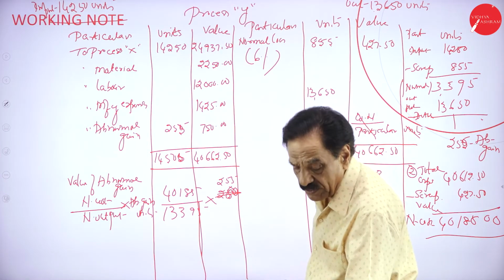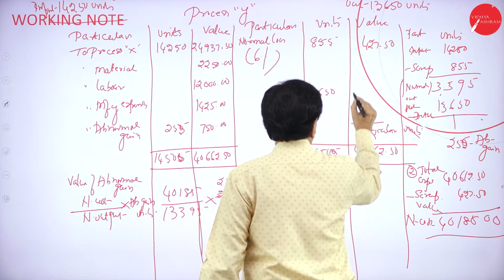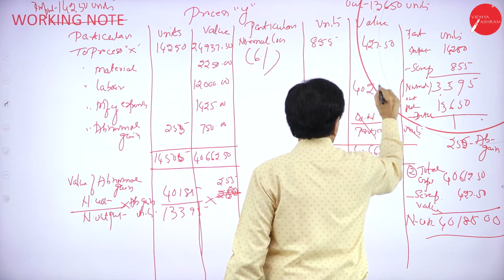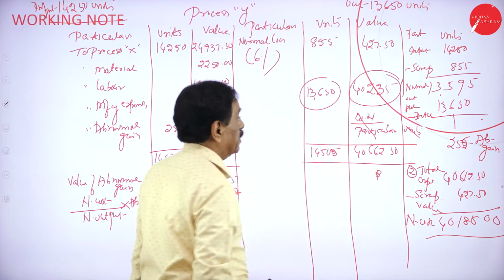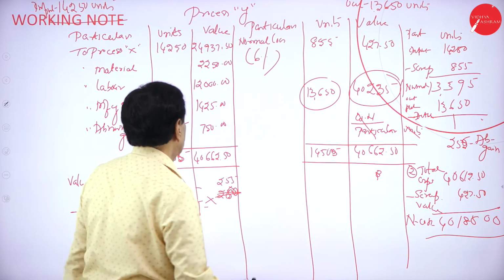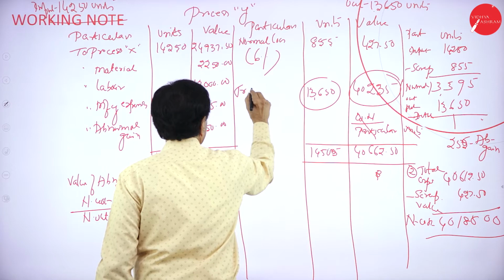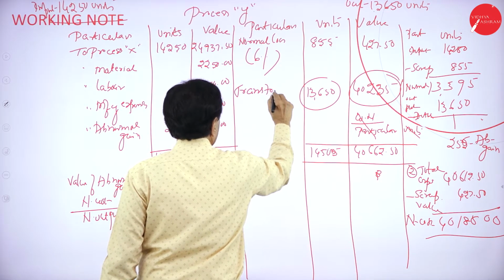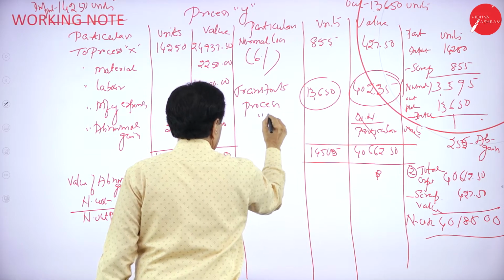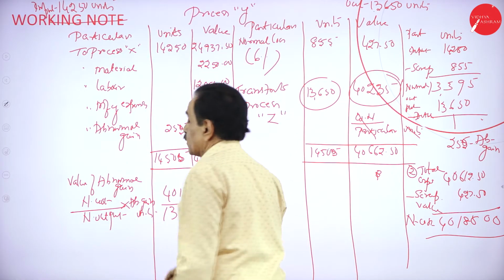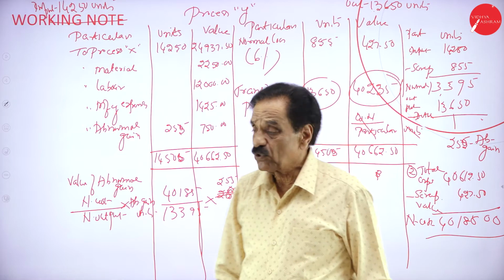It will come 40,235. 40,235 transferred to process Z. Transferred to process Z.